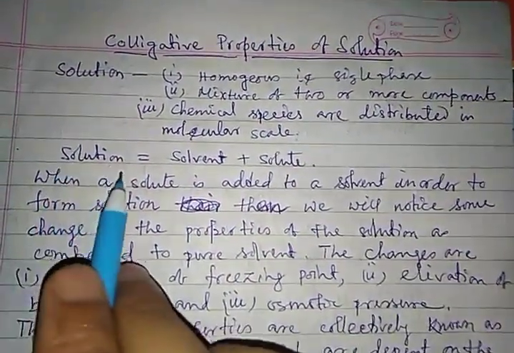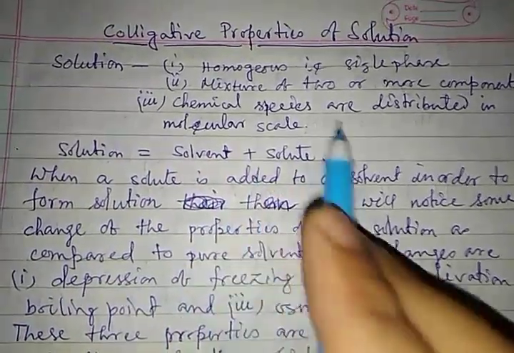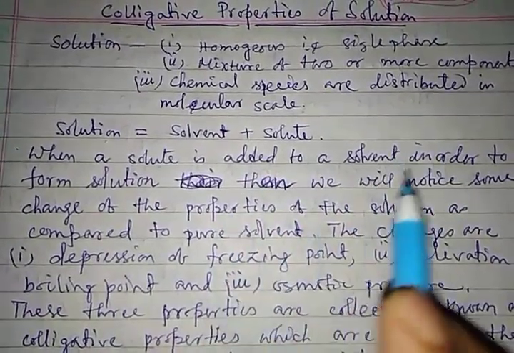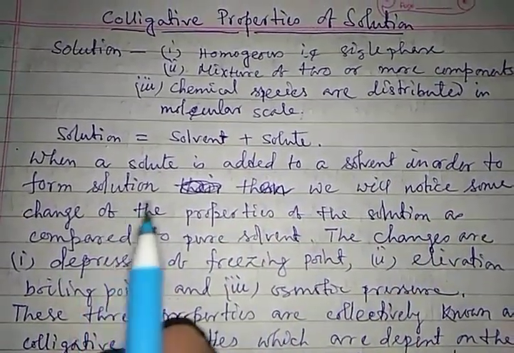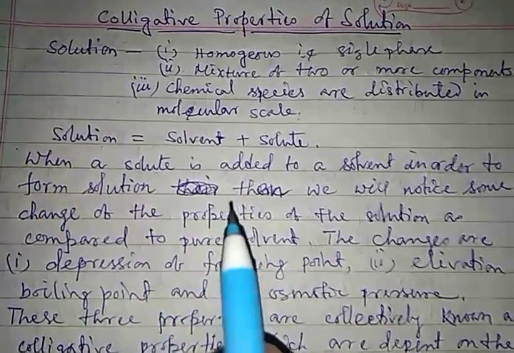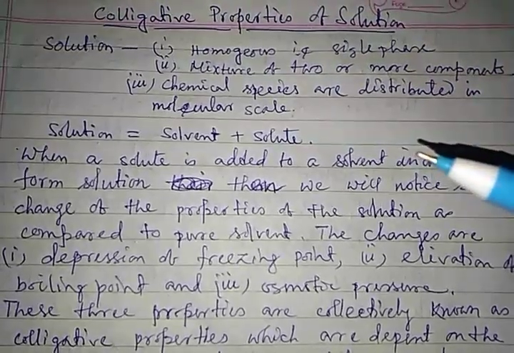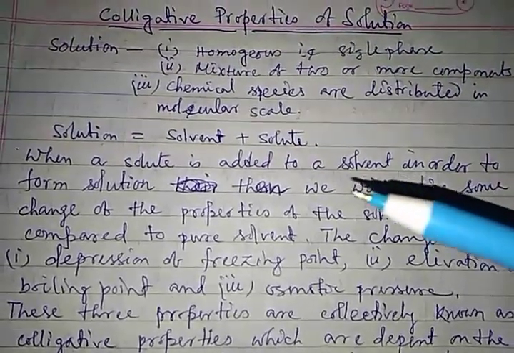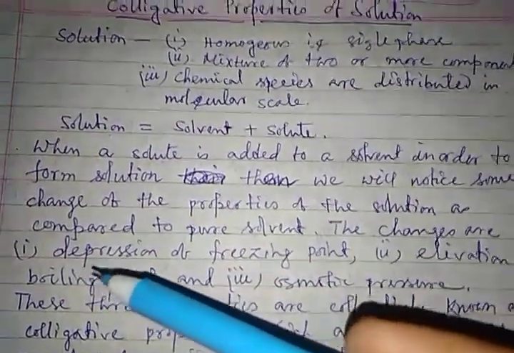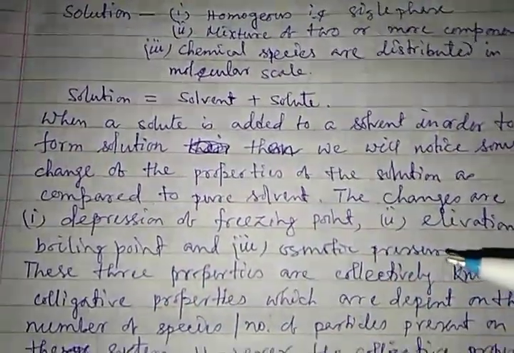Now the solution is composed of a solvent and a solute. When a solute is added to a solvent in order to form a solution, we have noticed that some changes occur when we go from pure solvent to a solution. We notice depression of freezing point, elevation of boiling point, and osmotic pressure.